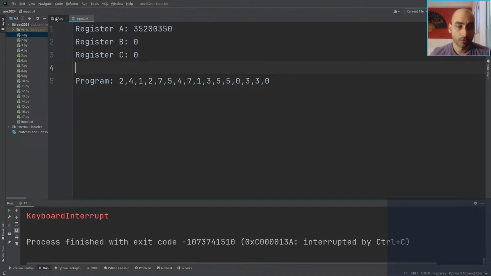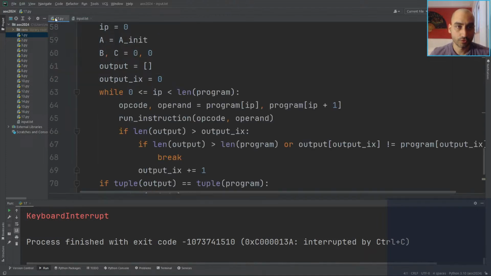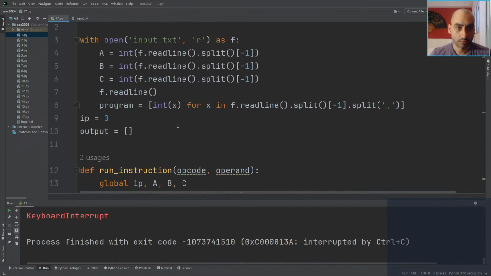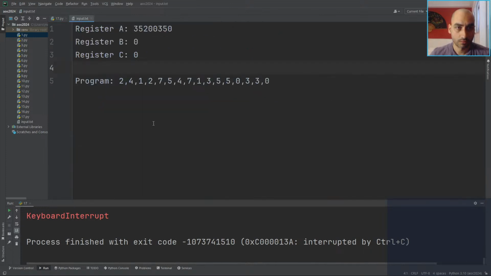So we've got 2, 4... Yeah, I guess I might actually have to write some notes as well on paper.